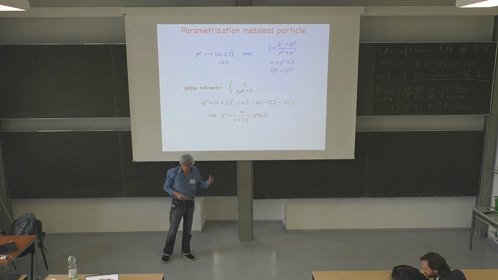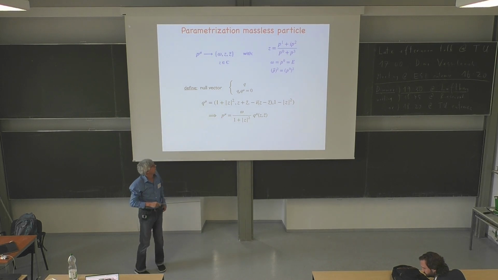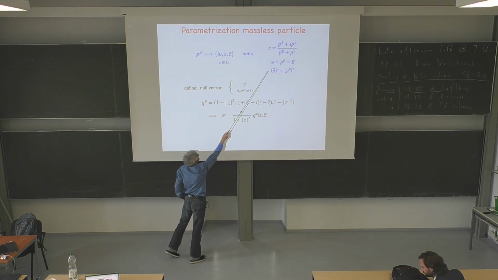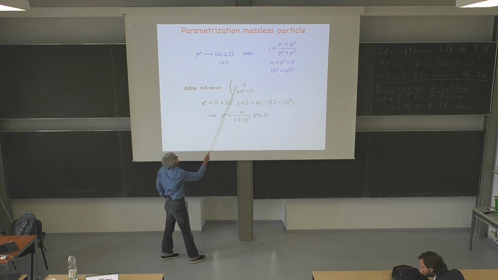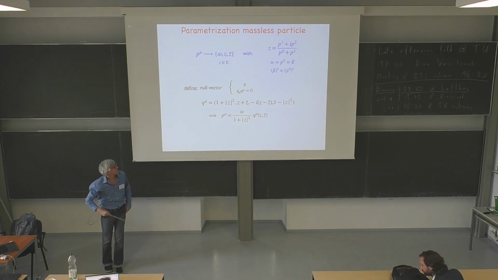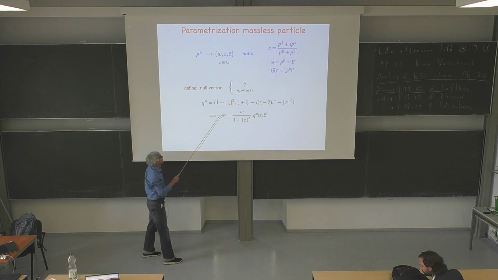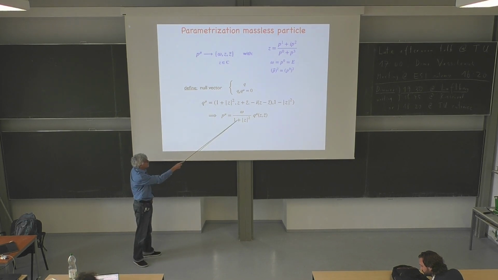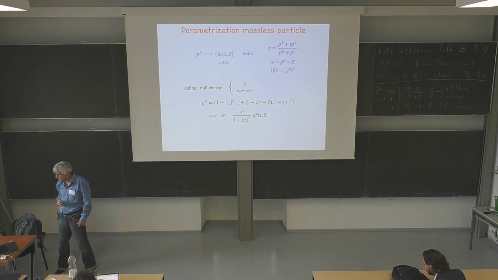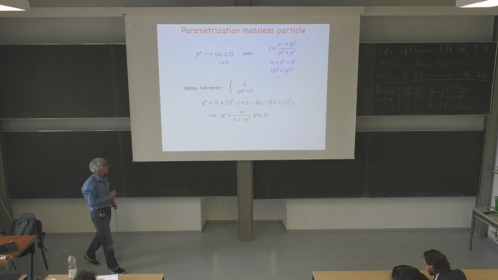So you have three independent real variables p, and then you can map them to new variables. So z is given by this point on the celestial sphere, and omega is the energy. And of course, you can invert this map and then write the momentum in terms of this null vector q. And the null vector q will play a very important role later on.